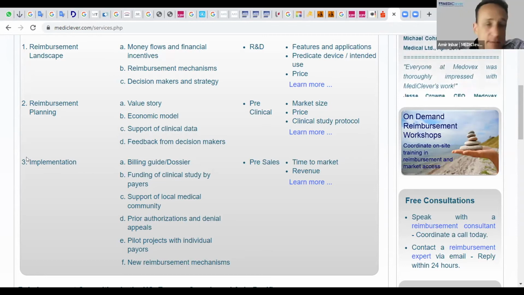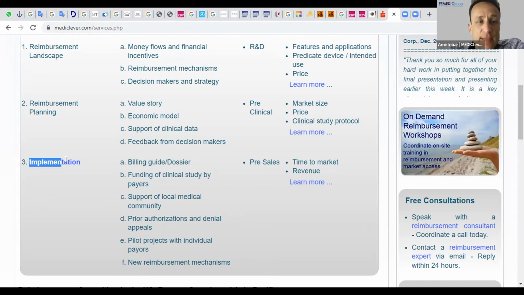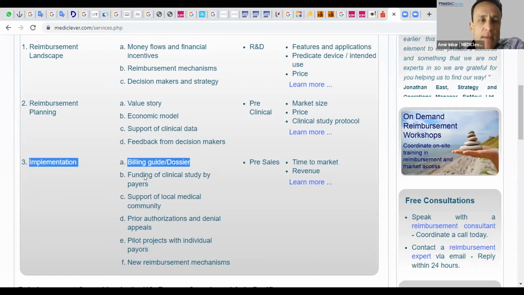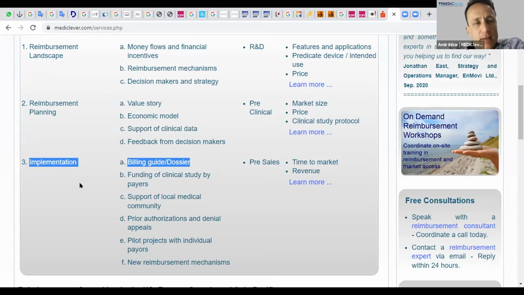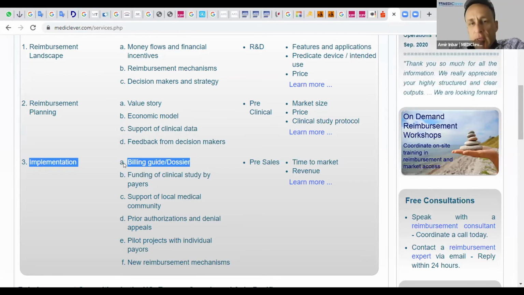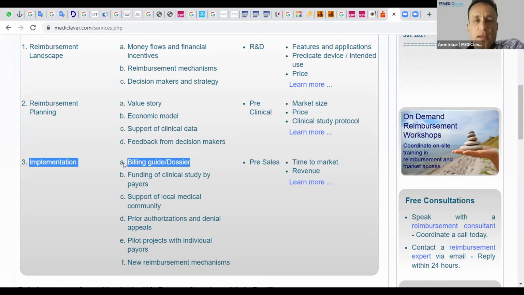The last step is very binary, meaning it could be very short if we can commercialize the product under existing reimbursement mechanisms. In such a case, activity 3 would only include 3A, actually. And this is where we develop a billing guide that would instruct healthcare providers how to bill for the use of your product or technology under the existing identified reimbursement mechanisms that are already in place.